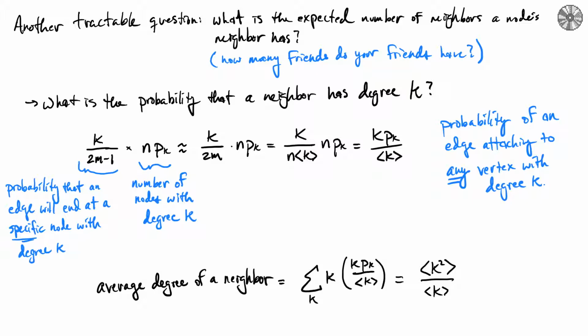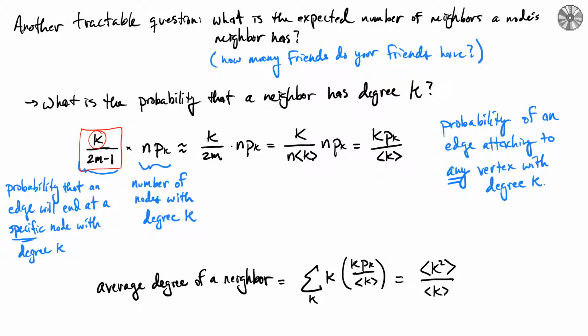So in this case, we're going to first quantify that if a node has degree k, then this is the likelihood that any of my edges will end at the node with degree k. I'm interested in quantifying what's the probability that any end of an edge is actually going to end at that.